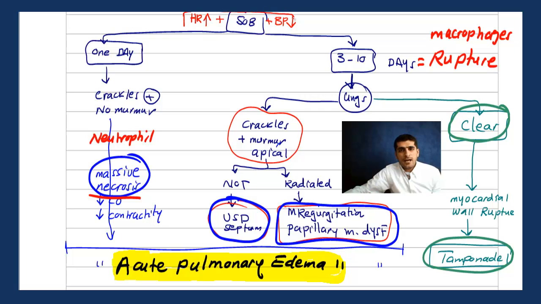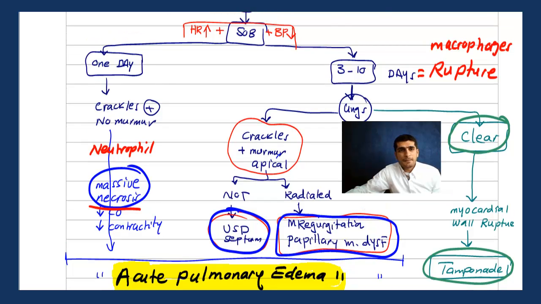I made it for all of them, right? So that's why, guys, you cannot differentiate. If he tells you from the beginning shortness of breath, decreased blood pressure, increased heart rate, that means really nothing. Don't get me wrong, but you cannot differentiate.